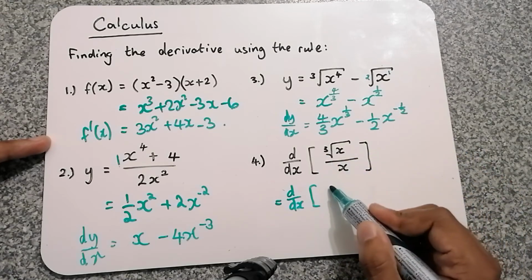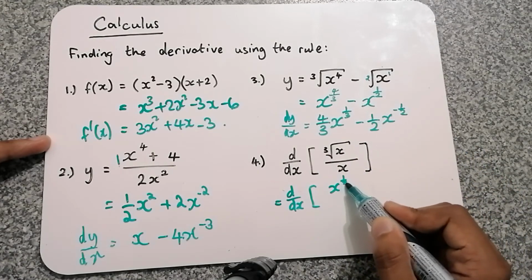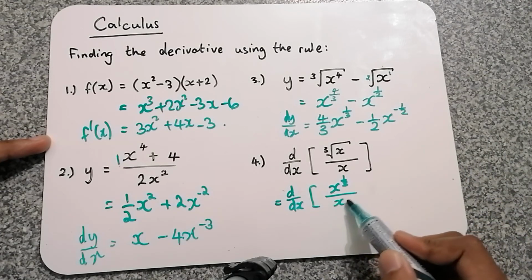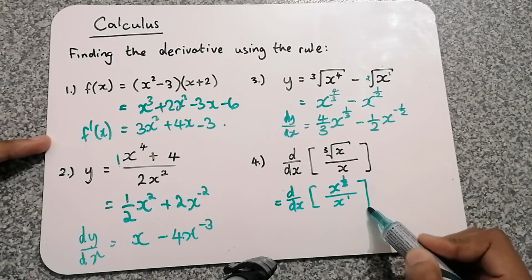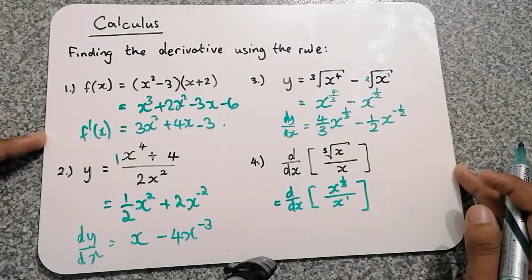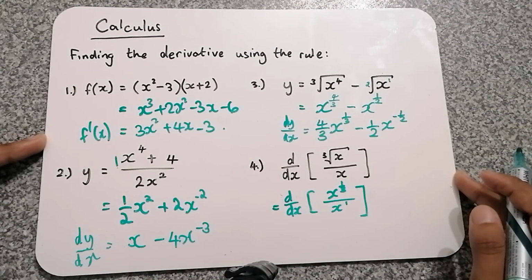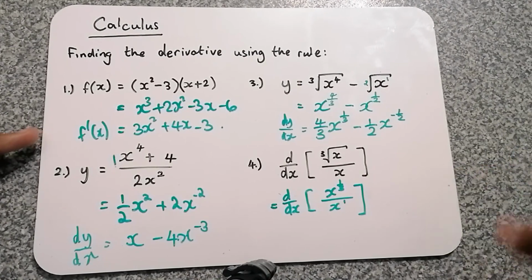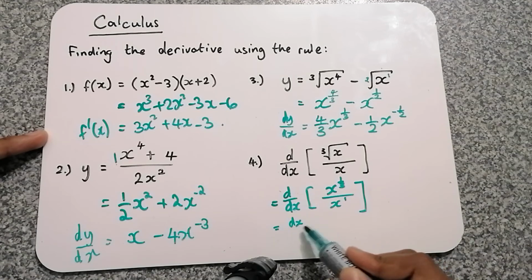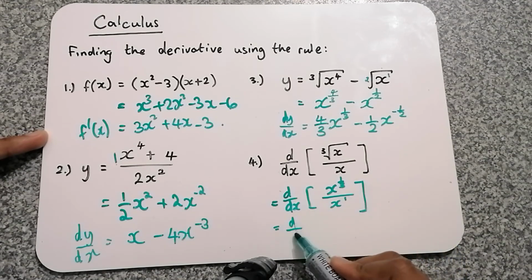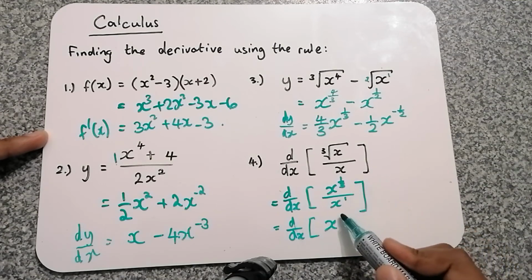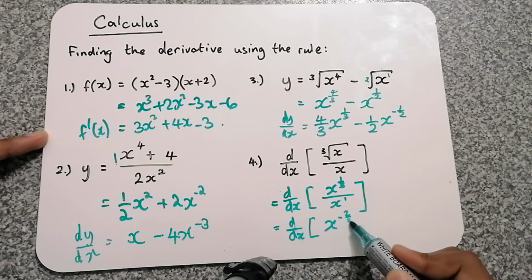First, I want to rewrite this as x to the power of a third. And then I'm going to say divided by x to the power of 1. Now, when you divide variables with the same base, you can minus the exponents. So if I minus a third by 1, I end up with x to the power of negative 2 over 3.